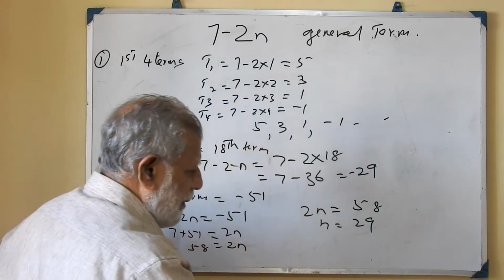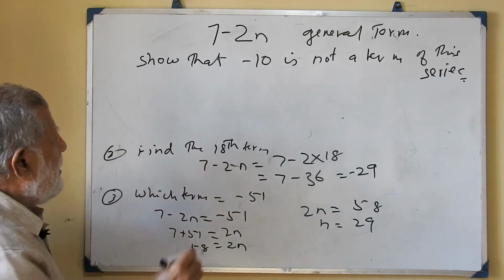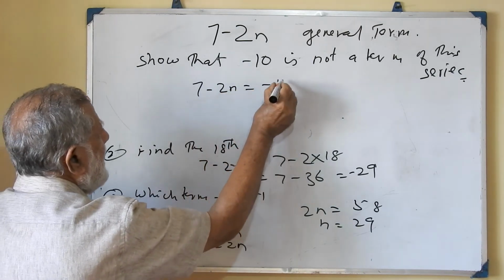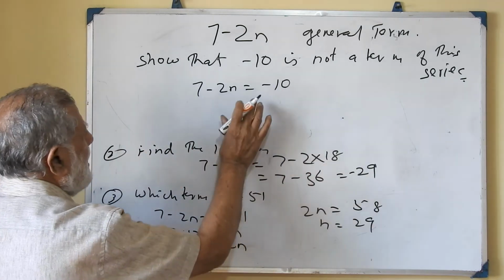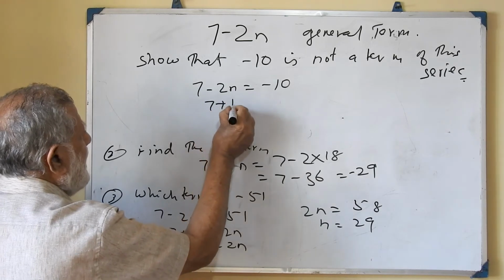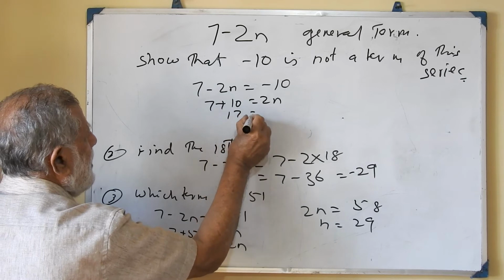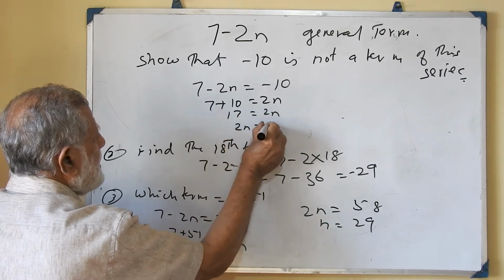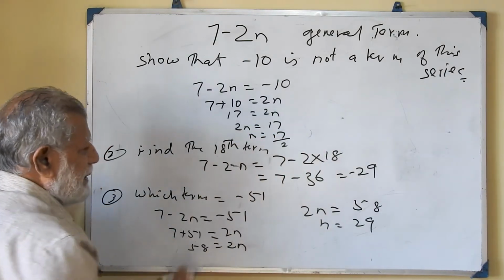We will take one more sum on this. As we did in the earlier sum, we write down 7 minus 2n is equal to minus 10. We bring the minus 10 to the other side and make the negative positive. Bring the 2n to that side. So 7 plus 10 is equal to 2n. 17 is equal to 2n. So n is equal to 17 upon 2, which is a fraction.